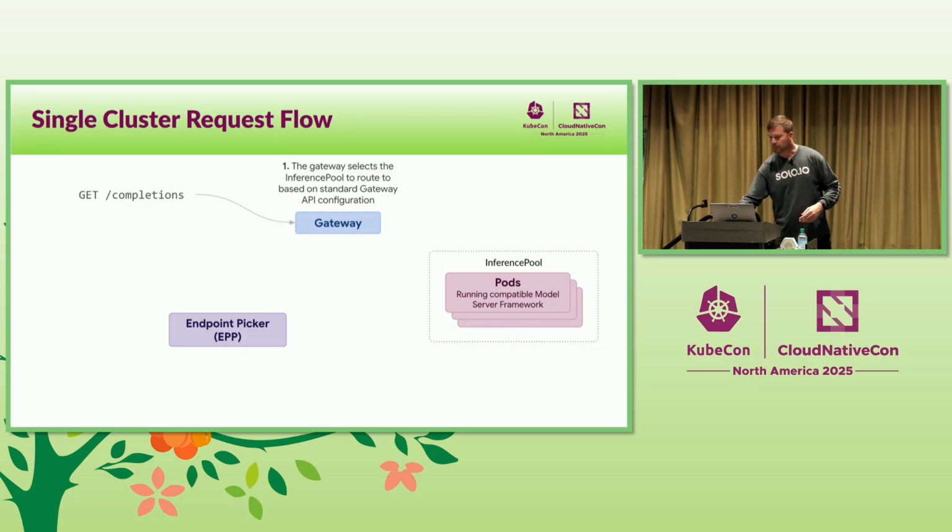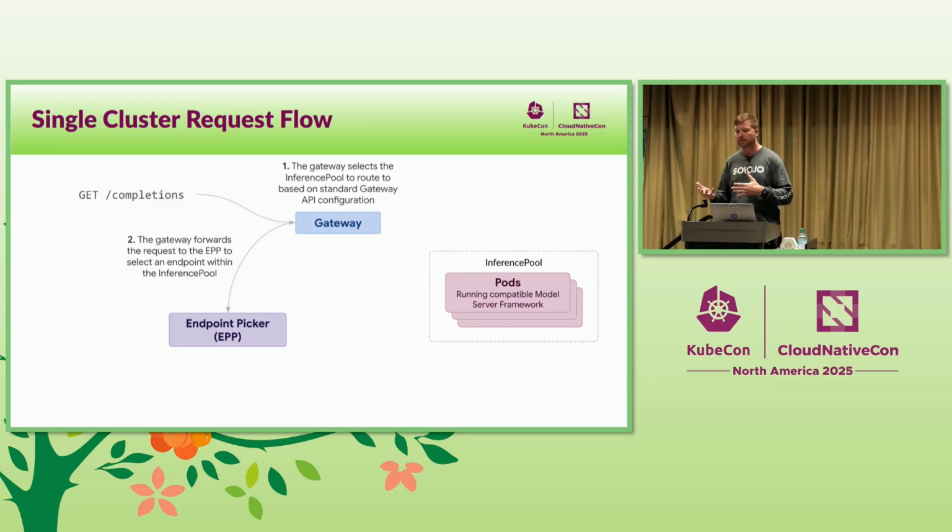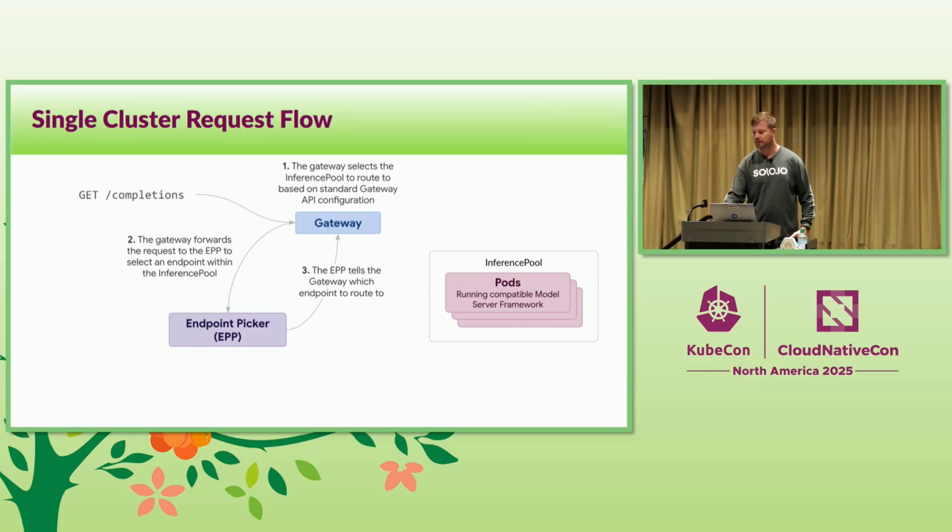And when a request comes in, the gateway would typically route that request to the backend pods using traditional load balancing mechanisms, like least load or round robin, but instead, the gateway is configured to send that request to the EPP and let the scheduler within the EPP tell the gateway what is the best endpoint within the pool to route the request to.